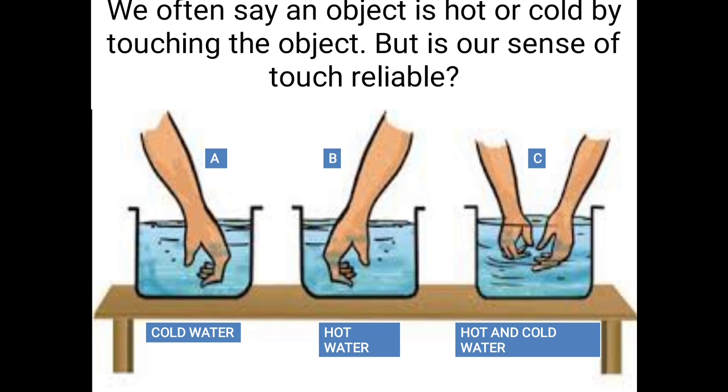what will you observe? This is a simple activity. You can also conduct it at your home. If you put your left hand in the cold water and then dip the left hand in jar C, you will now feel hotness, and the right hand, which was in hot water, you will now feel coldness.